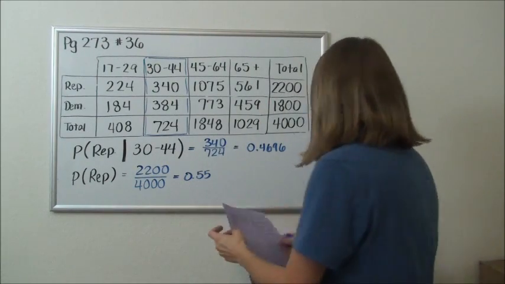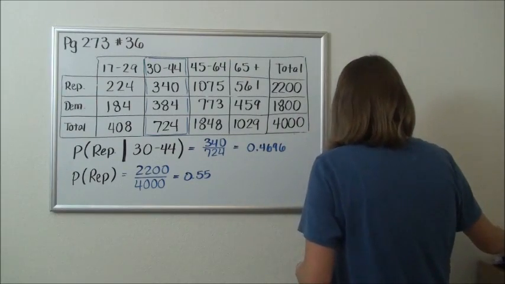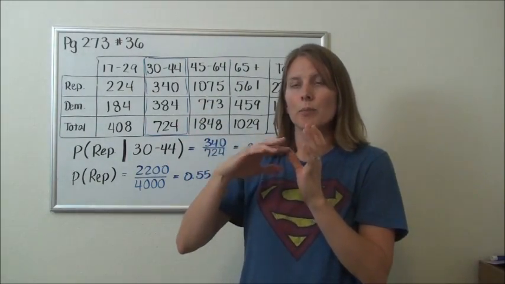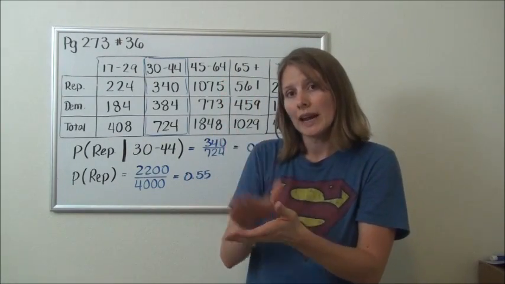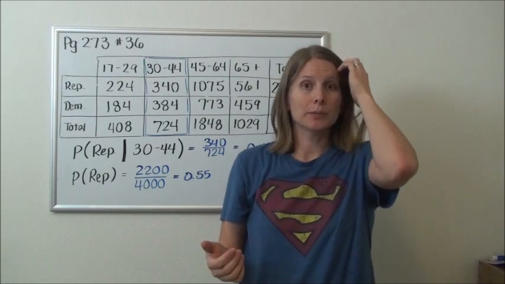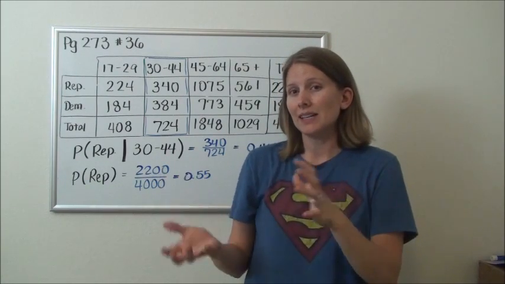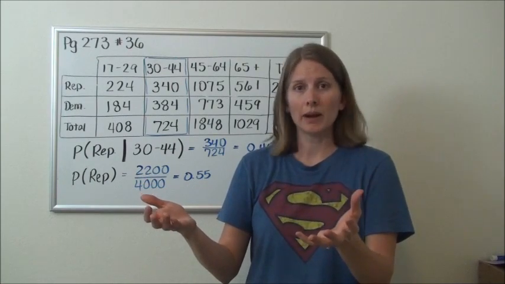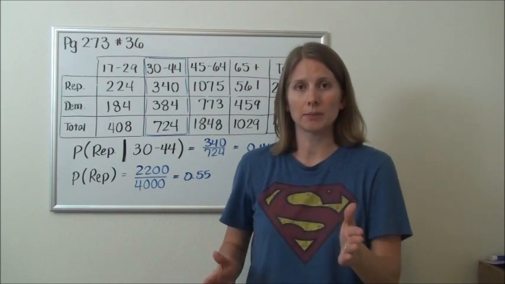All right, so again, the big picture with all this stuff, not so much with the table, but with the general multiplication rule. If you see the word "and" and you want to know that this happens and that happens, you're doing multiplication, and you have to ask, are they independent or not? If they're independent, the first event has no bearing or no effect on the second event, so just multiply them together.